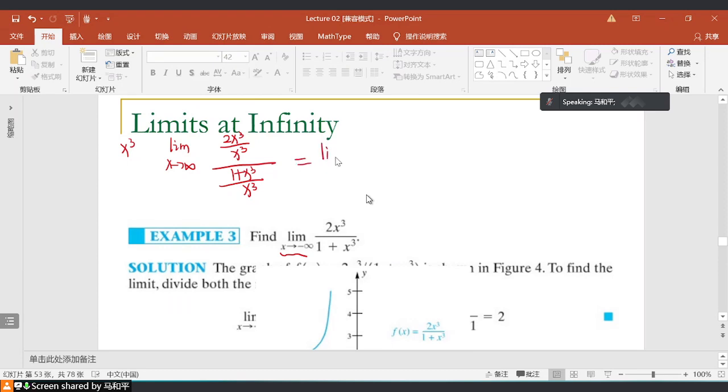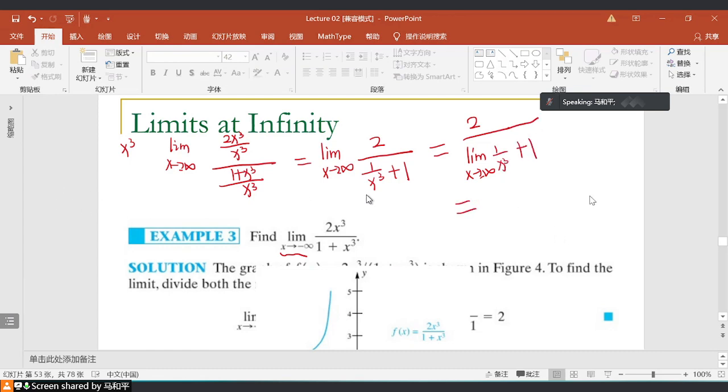Then we simplify it. Here 2x cubed over x cubed is 2, right? And 1 plus x cubed over x cubed is 1 over x cubed plus 1. So the limit is 2 over the limit as x approaches negative infinity of 1 over x cubed, plus 1.